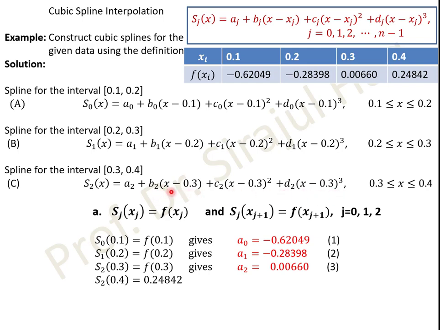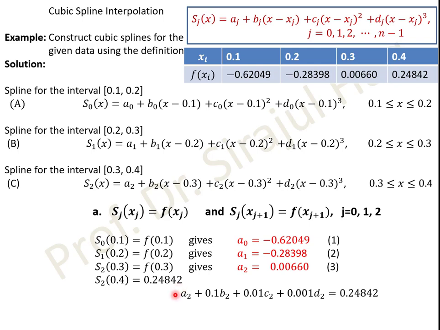So this will become a2. This will be 0.4 minus 0.3, which is 0.1. 0.1 squared is 0.01 because there is a square. 0.4 minus 0.3 is 0.1. A whole cube will give you 0.001, and that d2 is equal to this value.